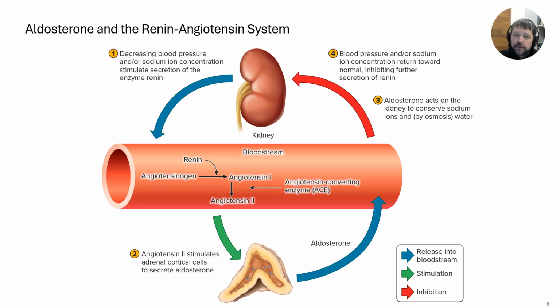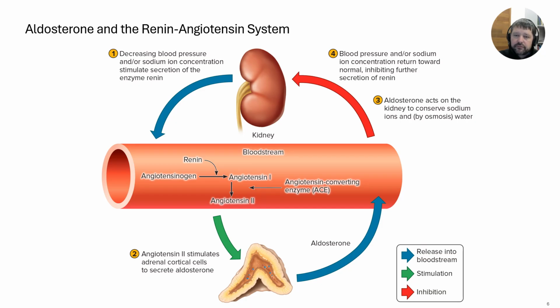So either one will trigger the secretion of the precursor, so angiotensin. So angiotensin 2 is going to stimulate the cortex, the adrenal cortex, to produce aldosterone.